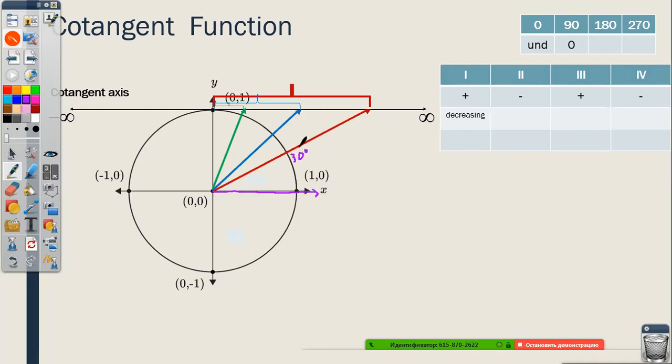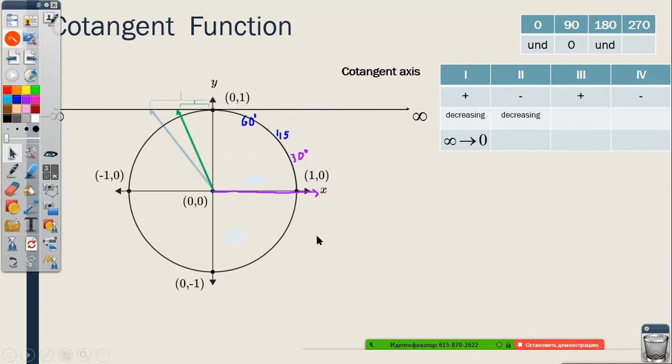Let's change the color. This is 45, this is 60. Then see here, you see for yourself, when the angle is increasing, cotangent is decreasing: bigger, smaller, smaller, yes? So cotangent is decreasing. In the first quadrant, cotangent is positive, but it is decreasing from positive infinity to 0.